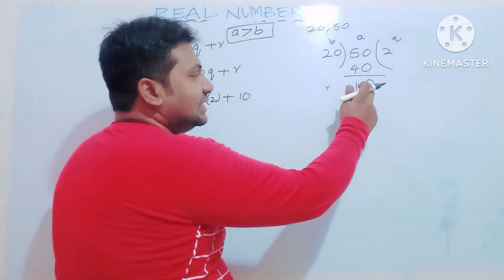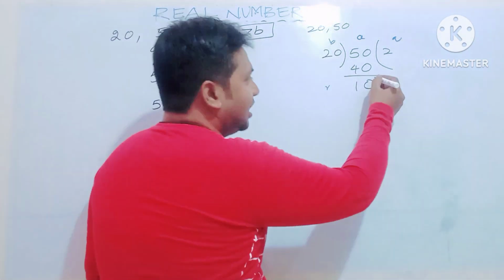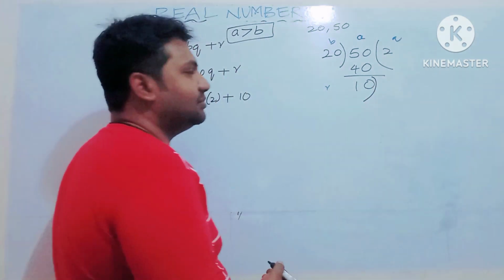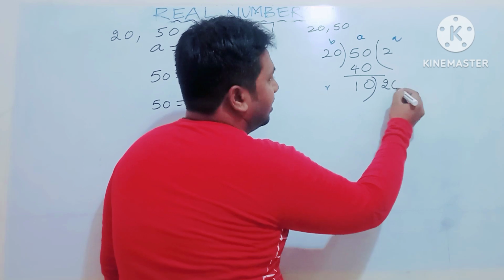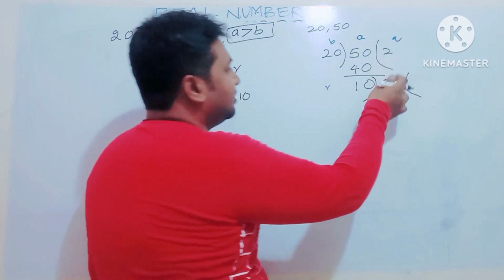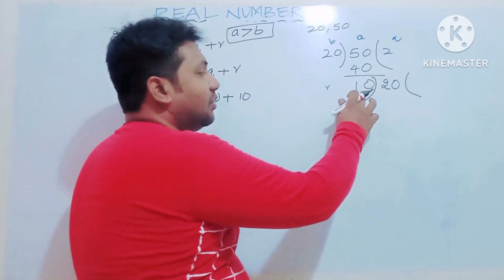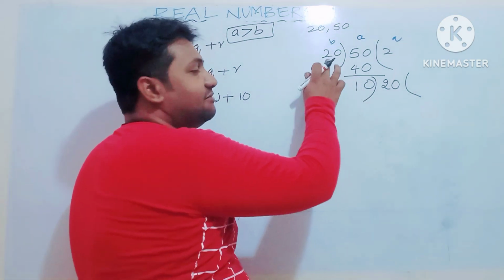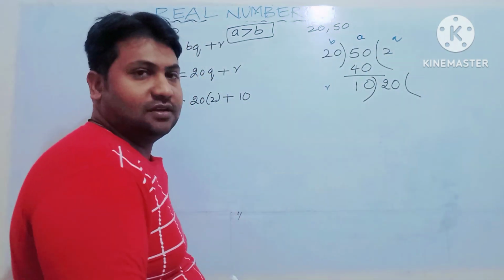Now our remainder becomes the divisor, and 20 comes here, and our divisor becomes the dividend. Listen carefully. So our remainder becomes divisor and our divisor becomes dividend.